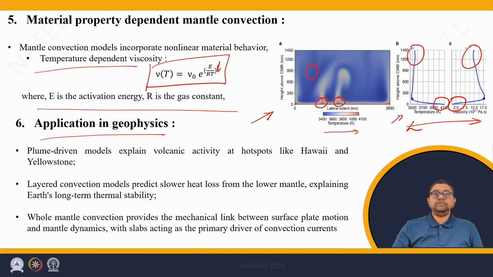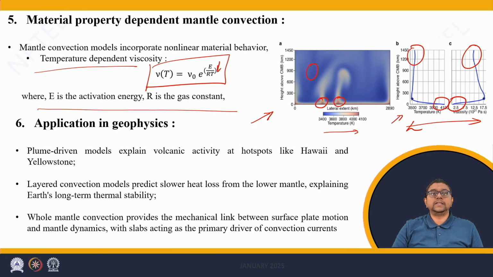Thus, mantle convection is to be simulated or solved taking into account the temperature dependent viscosity for more accurate solutions. Now let us consider the various geophysical applications of the mantle convection models.